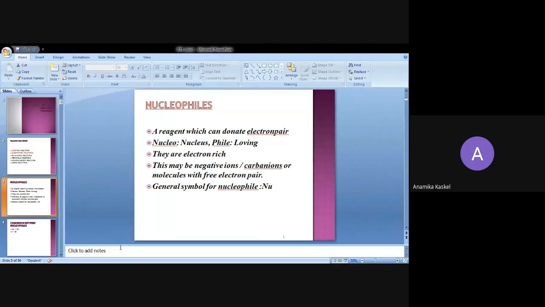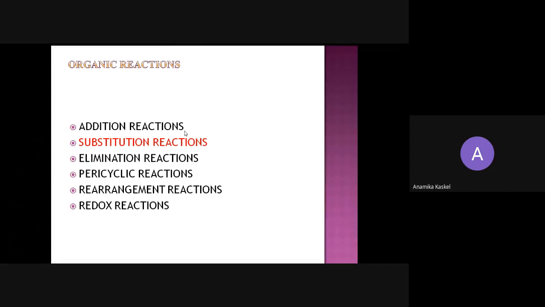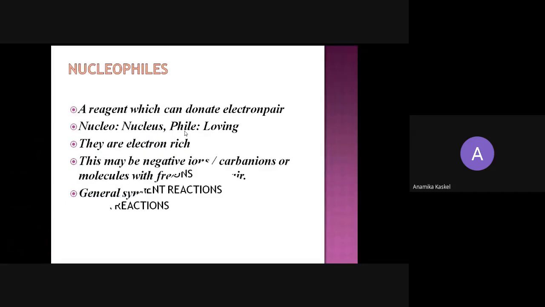So we can consider that a reagent which can donate an electron pair is the nucleophile. What is the meaning of nucleo? Nucleus. Phile means loving.